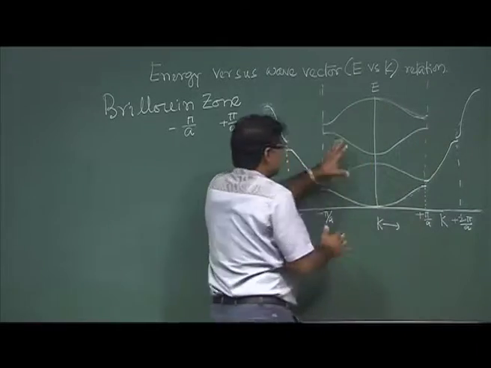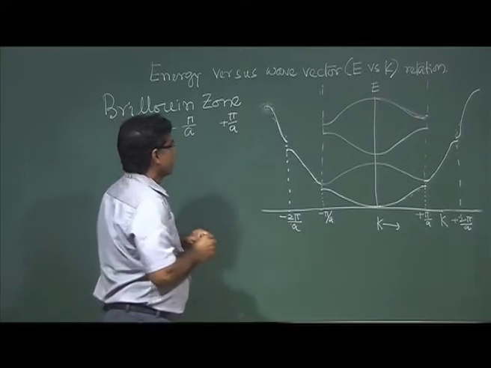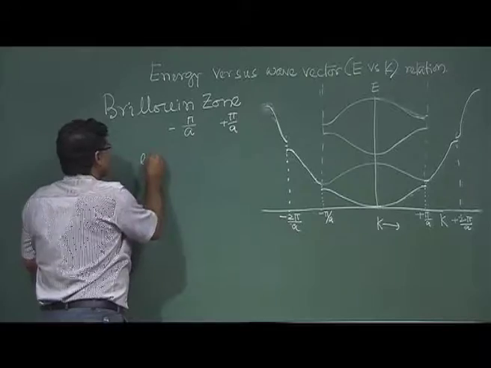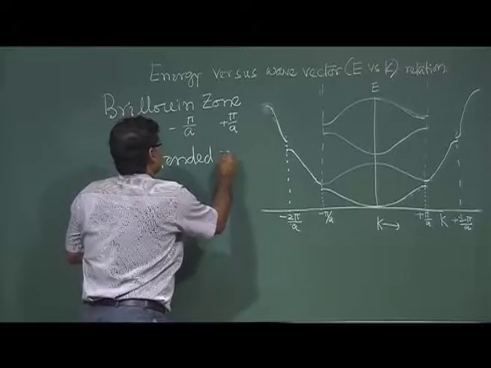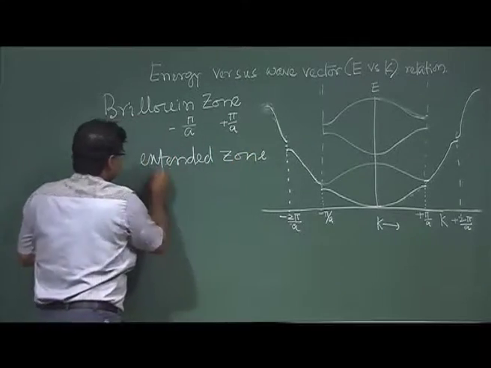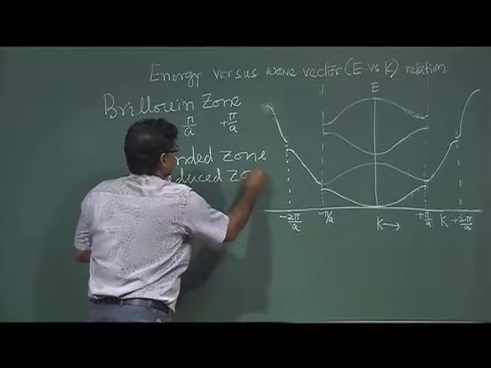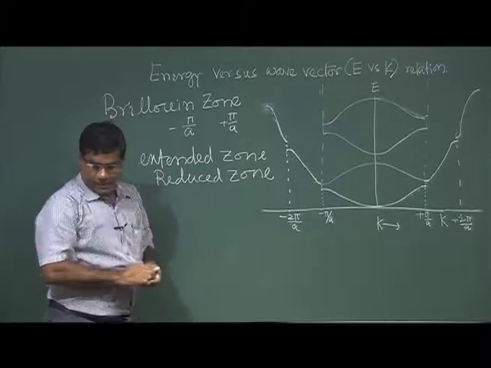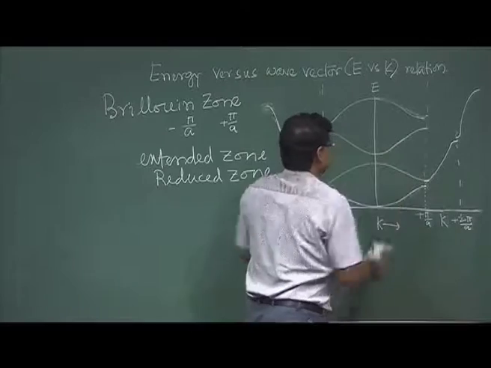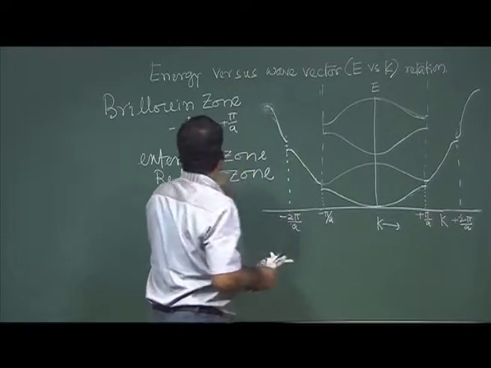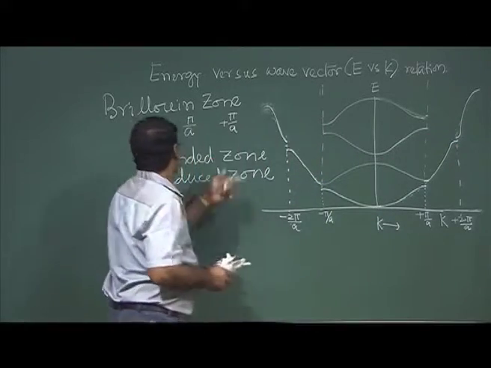So, this picture is called the reduced zone. So, extended zone and reduced zone. Okay. So, all are put in the first Brillouin zone. That is the reduced zone, and whatever the original one was, that is called the extended zone.